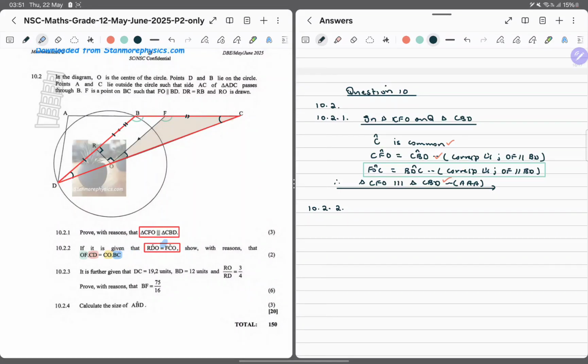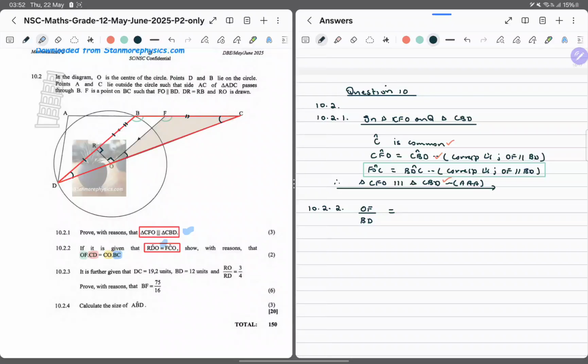So this is very easy. Again, it just speaks about the two triangles we just proved similar. Basically, we want OF, which is part of the small one. So we know that OF divided by, now OF is opposite that angle C, but we saw that angle C is common to both triangles. Which side is opposite that? BD on the big triangle.